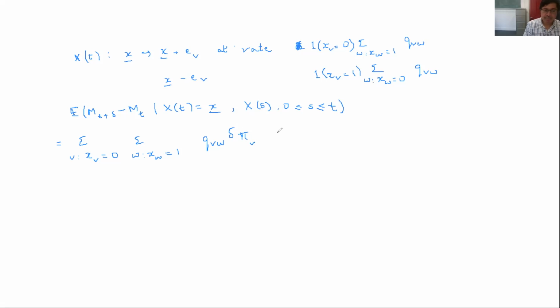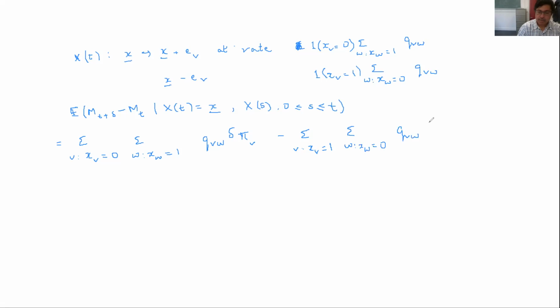Alternatively, a vertex could flip from state 1 to state 0. So we add now over all vertices V in state 1. And these flip if they contact a vertex W in state 0, QVW. Okay, so for a vertex V in state 1, this was the rate of going to state 0. So that's the rate.